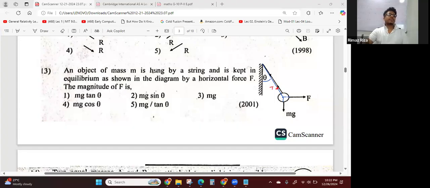An object of mass m is hung by a spring and is kept in equilibrium as shown in the diagram by a horizontal force. The magnitude of F is.